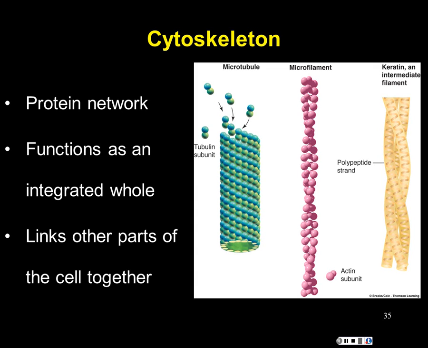You ever used the word family before? Family talks about what? Members. Okay, so there's more than one type. So we have microtubules, we have actin microfilaments, and things called intermediate filaments. These are different families.